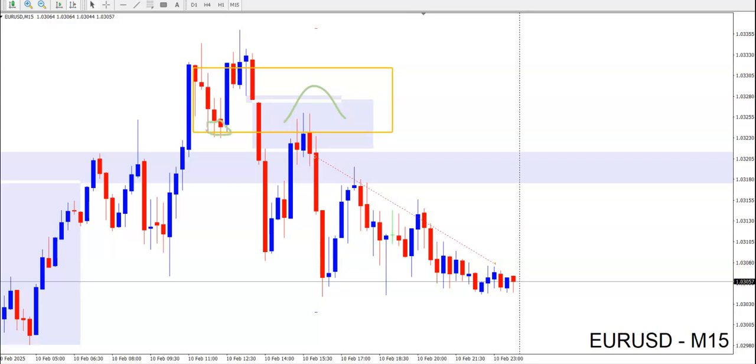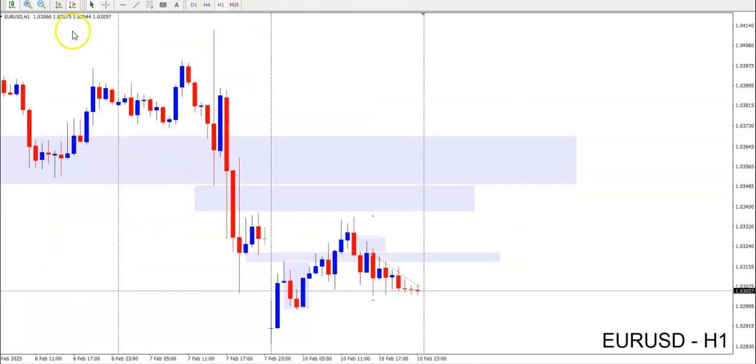In combination with some previous lows, previous support turned into resistance, we had bearish fair value gap zones, we have this bearish order block, and if you go to the 1 hourly time frame as well, we can see that we also had fair value gap zone displacement in that level, in these areas.